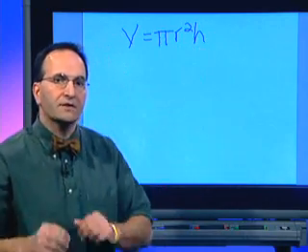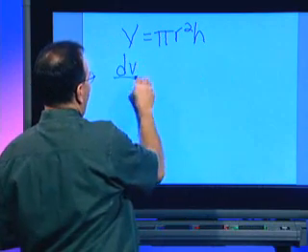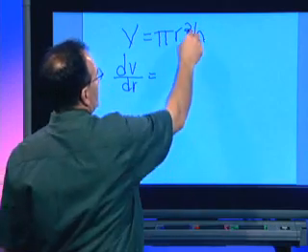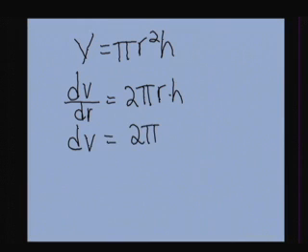And we want to find the dV, the dr, which is equal to 2 pi r times h. And remember, h, we were told, is going to remain constant here. So that means dV is equal to 2 pi r h times dr.